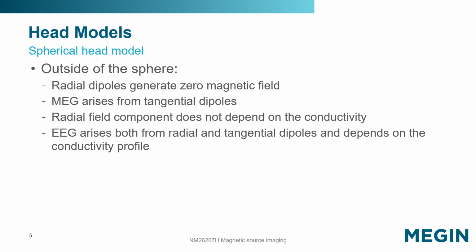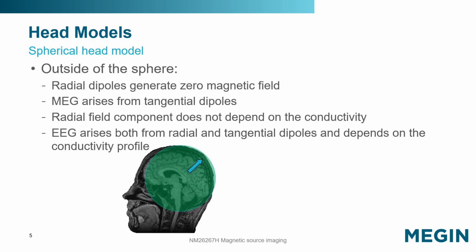Spherical conductor models of the human head have been applied in MEG and EEG studies since the first MEG experiments in 1972. A homogeneous sphere is a special volume conductor in MEG and EEG. When observed outside of the sphere, we see that any radially oriented dipole perpendicular to the sphere surface does not generate any magnetic field.